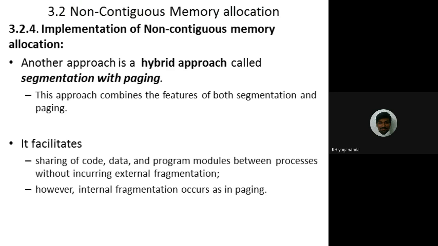You don't need to memorize or read this concept; you can remember it easily. The hybrid approach in non-contiguous memory allocation is nothing but segmentation with paging. The facilities of segmentation are sharing of code, sharing of data, sharing of program modules within the process, and there is no external fragmentation in paging, but we can expect internal fragmentation because of paging.